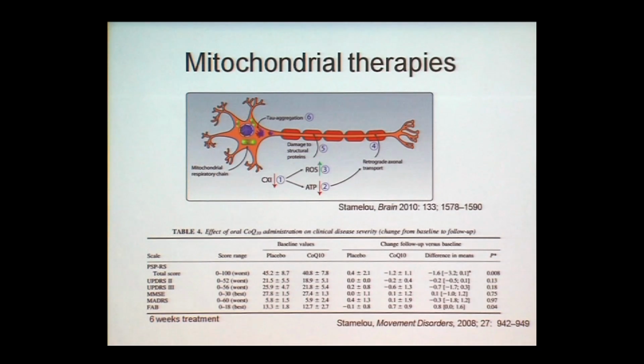And coenzyme Q is a vitamin or supplement that helps the mitochondria to work better. And when they gave them to PSP patients with this pure tauopathy, they actually saw a small benefit on a number of clinical measures. And so this is one of the exciting therapies that is now moving forward in larger clinical trials to see if it might have a benefit.